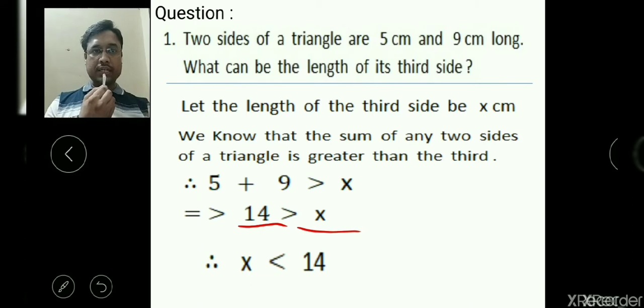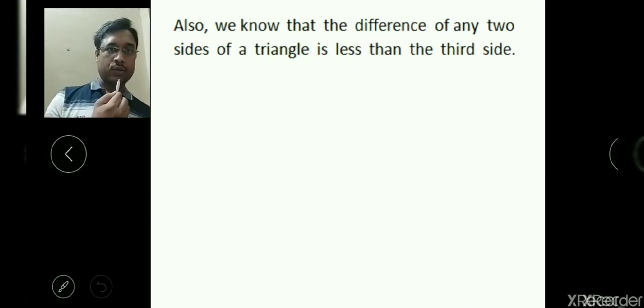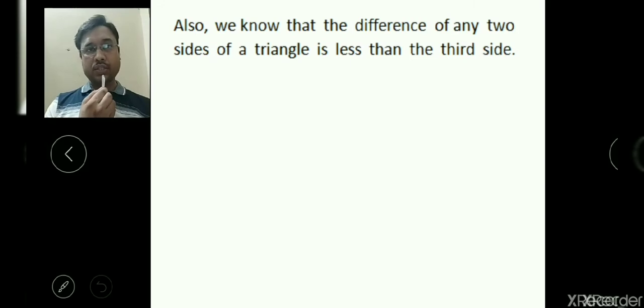So this is the result from the statement that the sum of two sides is greater than the third: x is less than 14. Now from the next result of the triangle inequality, as we know, the difference of any two sides of a triangle is less than the third side.